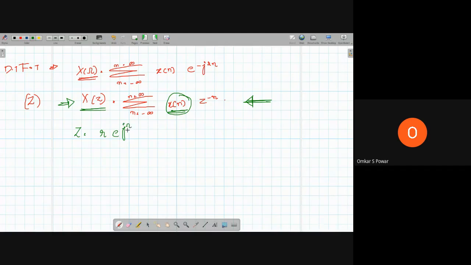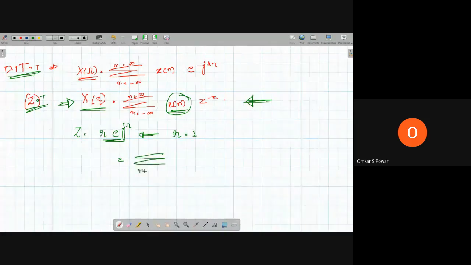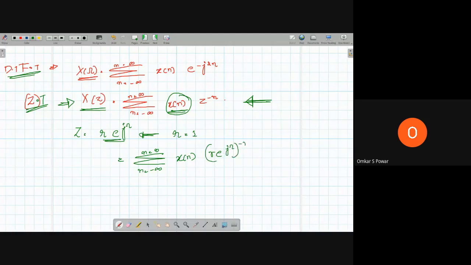So now you will understand the relationship between Z transform and discrete time Fourier transform. In this equation, z is equal to r e power j omega. If r is equal to 1, what happens? Summation n varies from minus infinity to infinity, x of n, z is r e power j omega whole to the power of minus n.